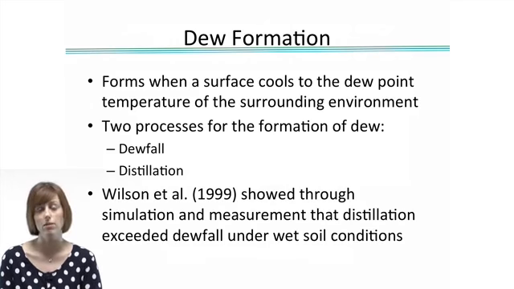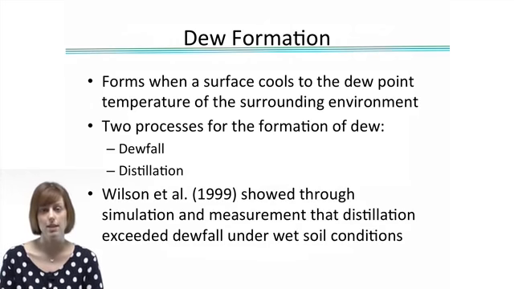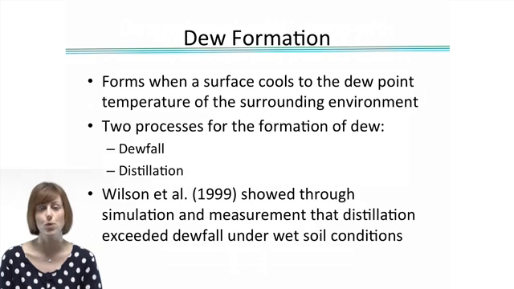So this is the conversion from water vapor condensing to liquid water on the canopy. There are two processes for the formation of dew, or rather two sources of that water vapor. One is dewfall, which is the contribution of water vapor from the atmosphere. And the second is distillation. In some of the literature, you'll see this referred to as dew rise, and it's a contribution of water vapor from the soil itself.